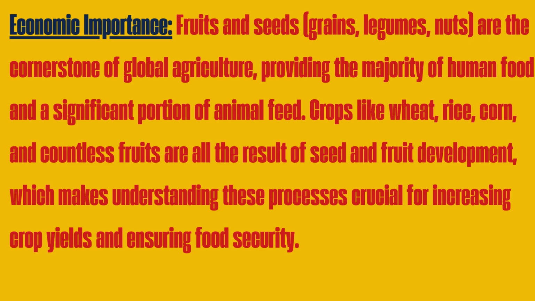Economic importance: fruits, seeds, grains, legumes, and nuts are the cornerstone of global agriculture, providing the majority of human food and a significant portion of animal feed. Crops like wheat, rice, corn, and countless fruits are all the result of seed and fruit development, which makes understanding these processes crucial for increasing crop yield and ensuring food security.